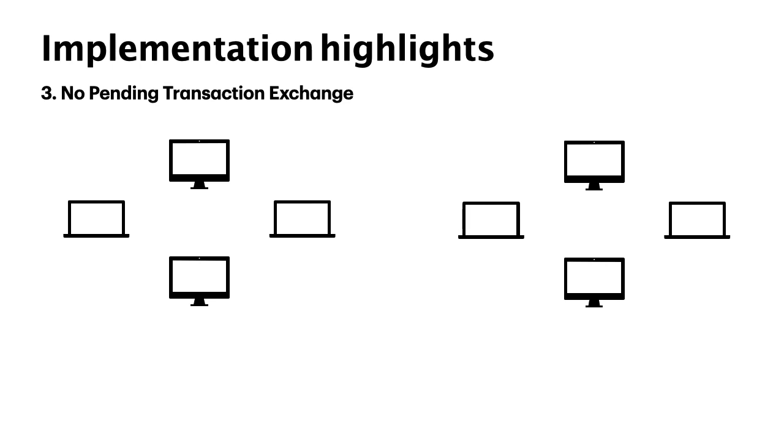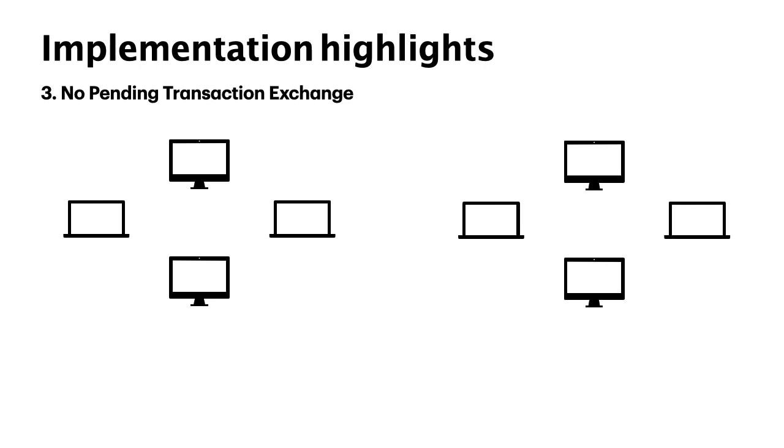In traditional protocol, a transaction is broadcast from one machine throughout the network. In the meantime, all the machines are mining, trying to include this transaction into the next block.